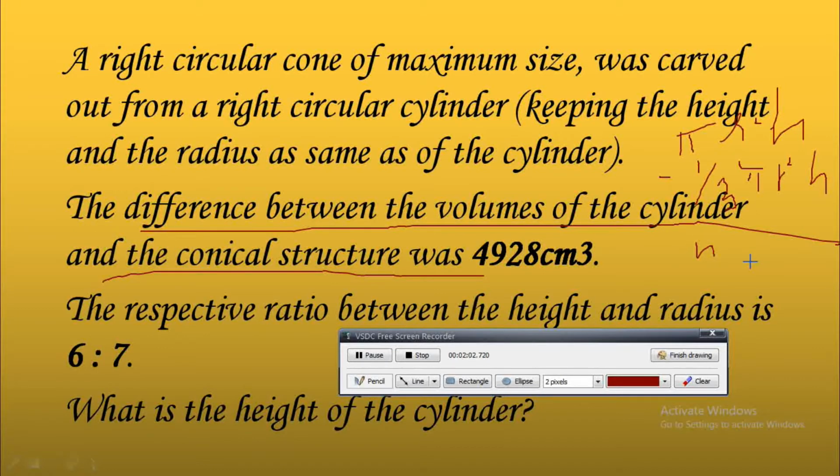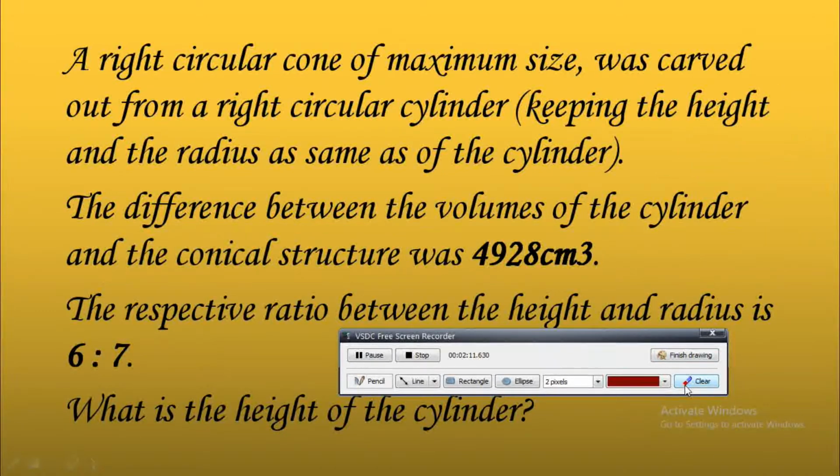Here we consider that h is the height of the cylinder as well as the cone, and r is the radius of the cylinder and the cone. So let's see the solution of this equation now.